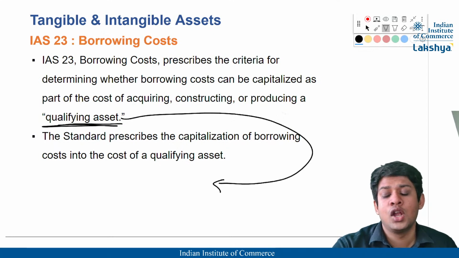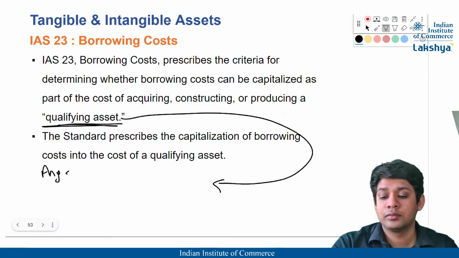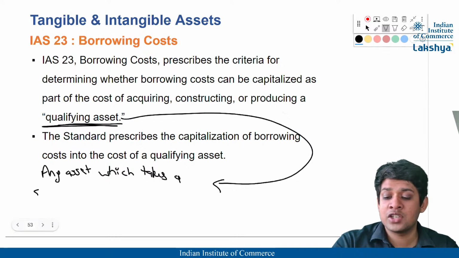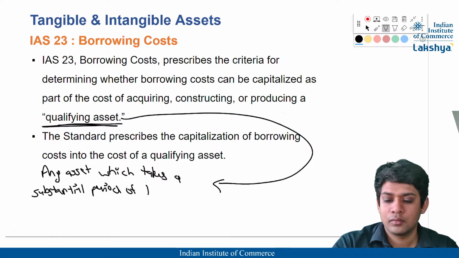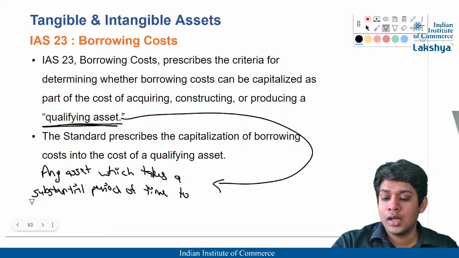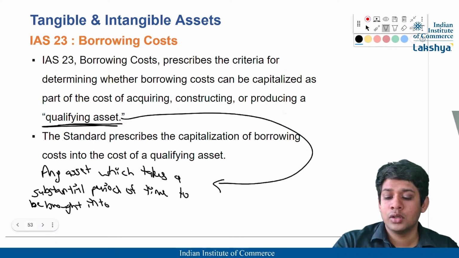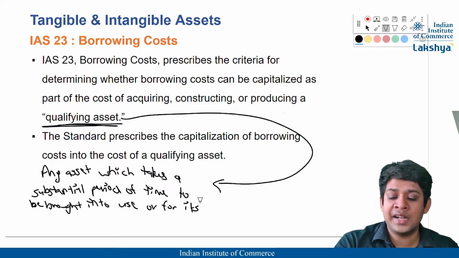Now what is a qualifying asset? A qualifying asset is any asset which takes a substantial period of time to be brought into use or for its intended sale.